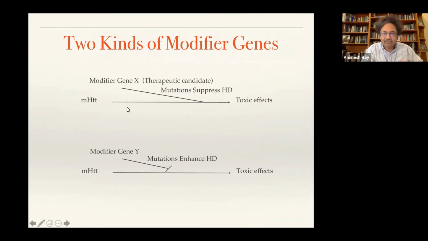So you can think of a molecular mechanism in which the mutant Huntington's disease protein produced a toxic effect, its accumulation produces a toxic effect by whatever means. Then there could be a modifier gene X whose mutation suppresses the toxic effect of the mutant Huntington gene.